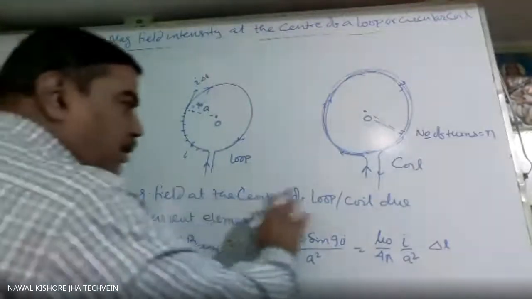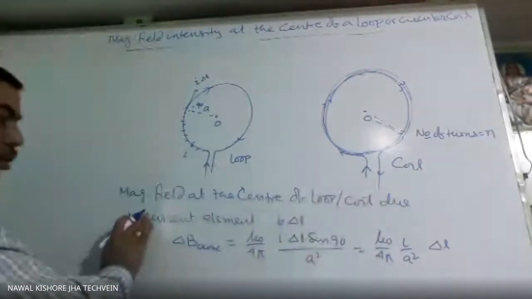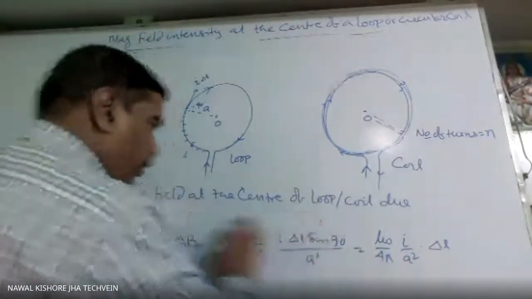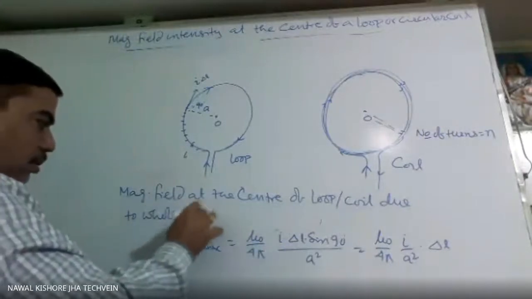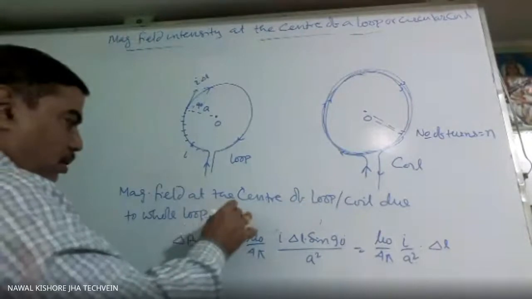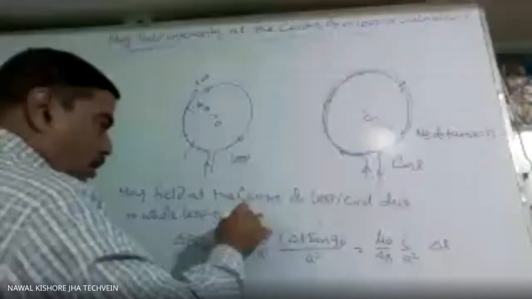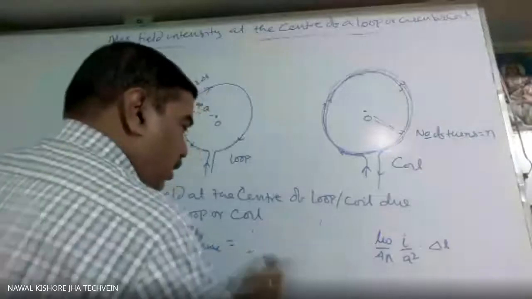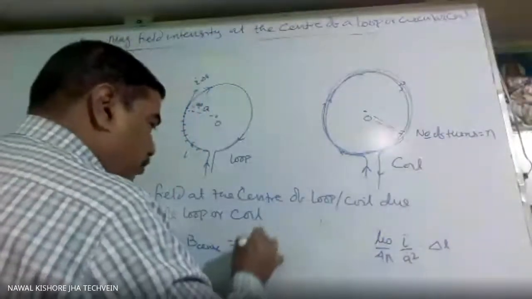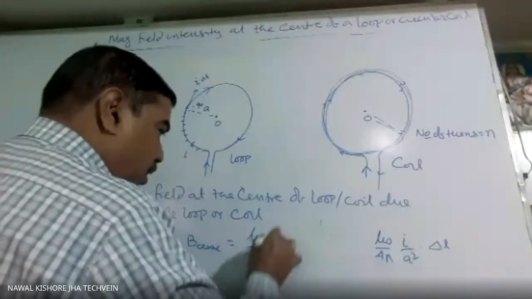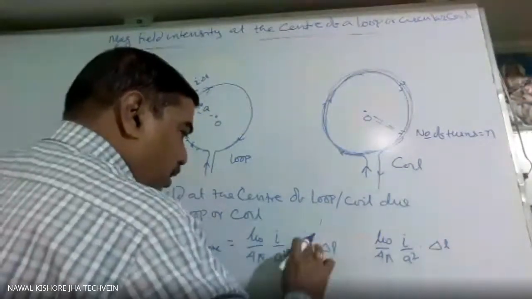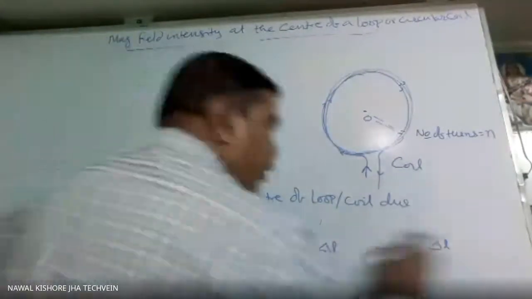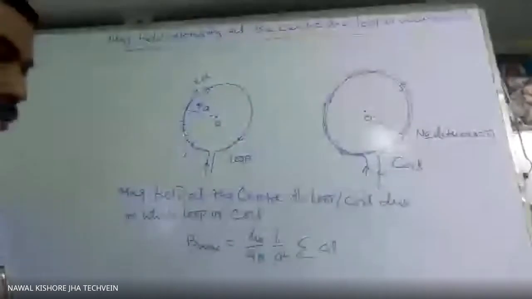So magnetic field at the center of the loop due to the whole loop or coil, this B will be how much? It will be mu naught over 4 pi, I over A square, summation of delta L, or if you are writing integration, if you are taking dl small length, then we will integrate it.